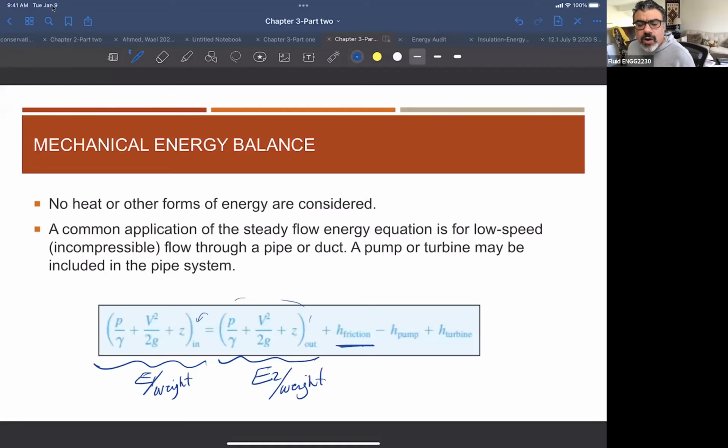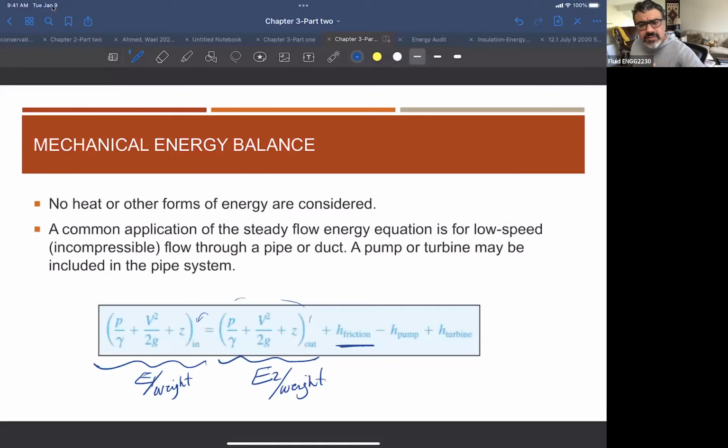How about if I have a pump or a device that is adding energy to the system? Or I have a turbine that is taking energy from the system. Not every system is just a pipeline. So you might have a pump added in the system in order to push the fluid, for example, and this is what pumping stations are.